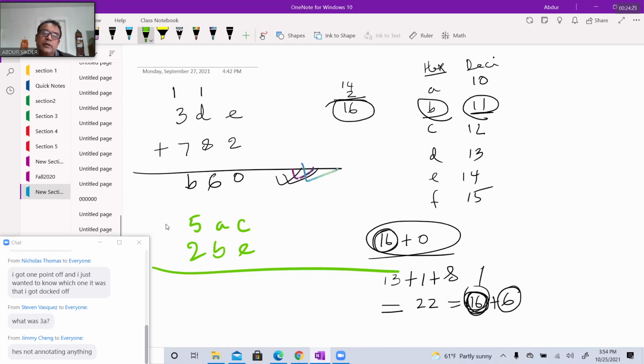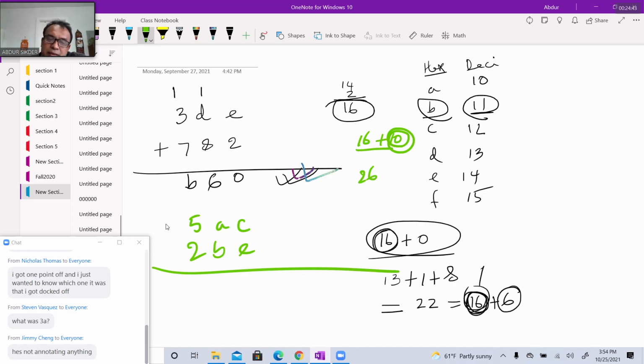Okay. So C is 12. C is 12. And E is 14. So 12 plus 14 is 26. So you got 26. So you got 16 plus 10, 26. So you got 10, you drop 10 there.